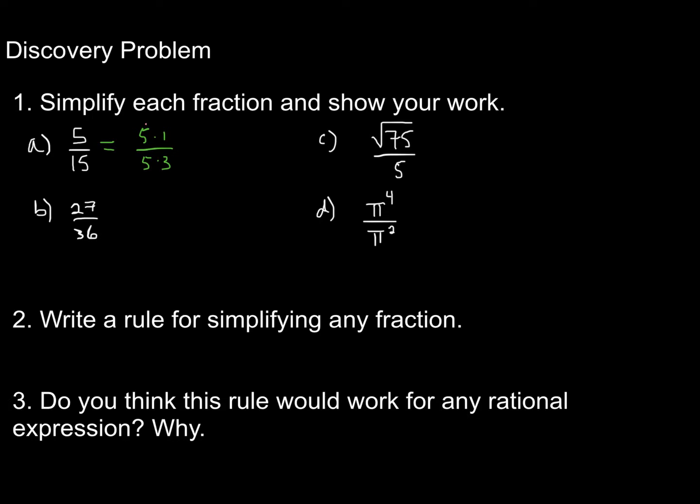Now, 5 divided by 5 is the same as 1 divided by 1, and so my fraction simplifies to 1/3. Same thing here. The common factor that 27 and 36 have is 9. So this is 9 times 3, and this is 9 times 4. Since 9 divided by 9 is 1, all I'm left with is 3/4.